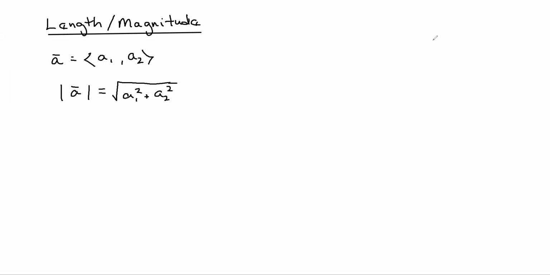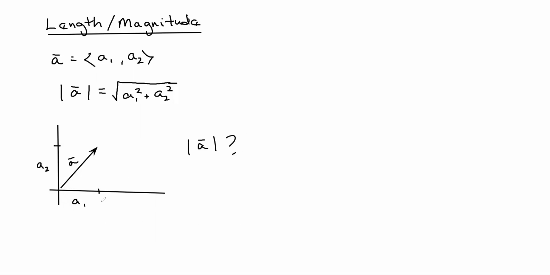And we can verify that that is a sensible definition by taking the information that we just looked at. So we could draw a picture of A. So if this is A1, this is A2, and here's our vector. And the question was, what is the length of vector A?